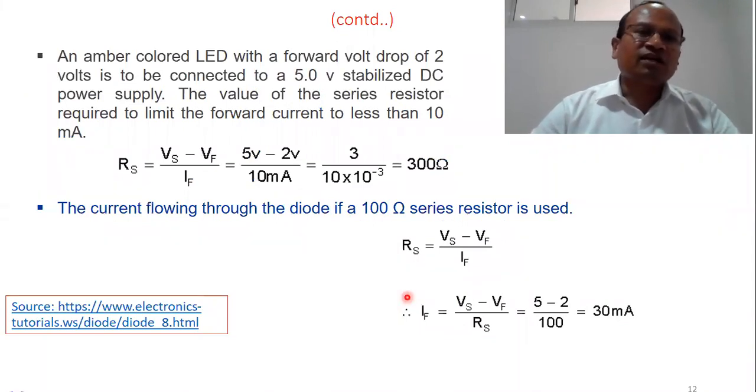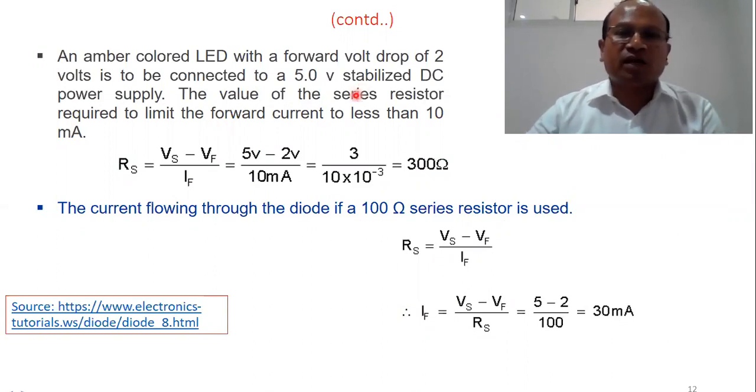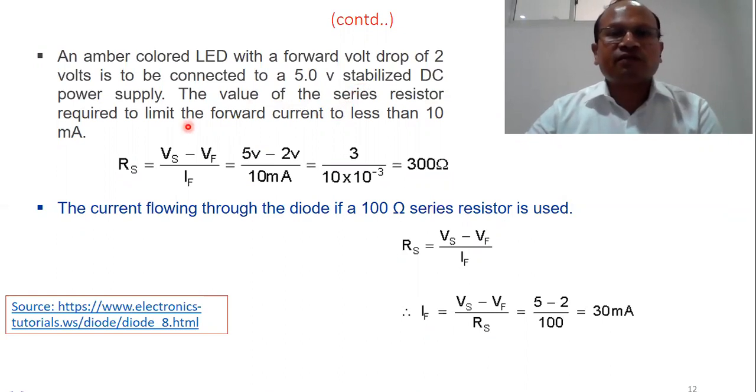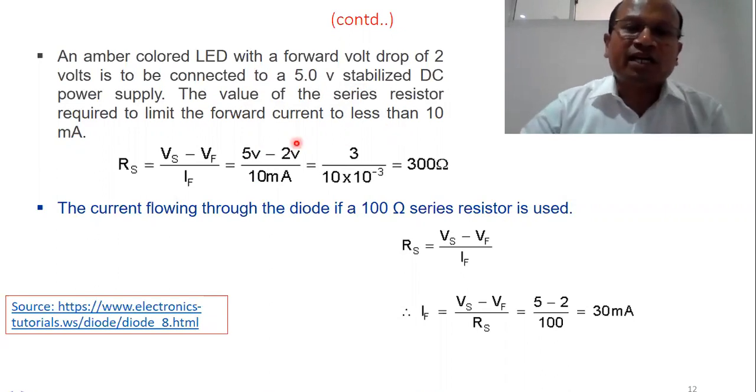You can see here an amber color LED with a forward voltage drop of 2 volt is connected with a 5 volt DC supply. The value of series resistor so that the current is limited to 10 milliampere will be 300 ohm.